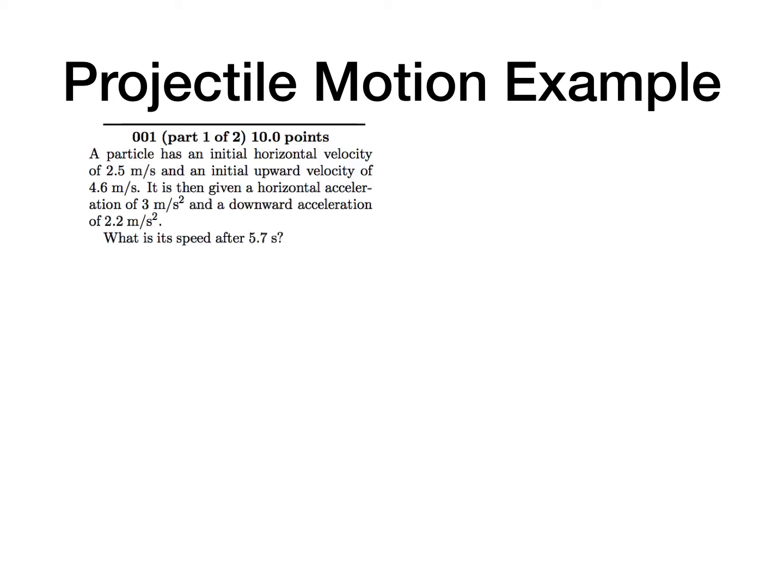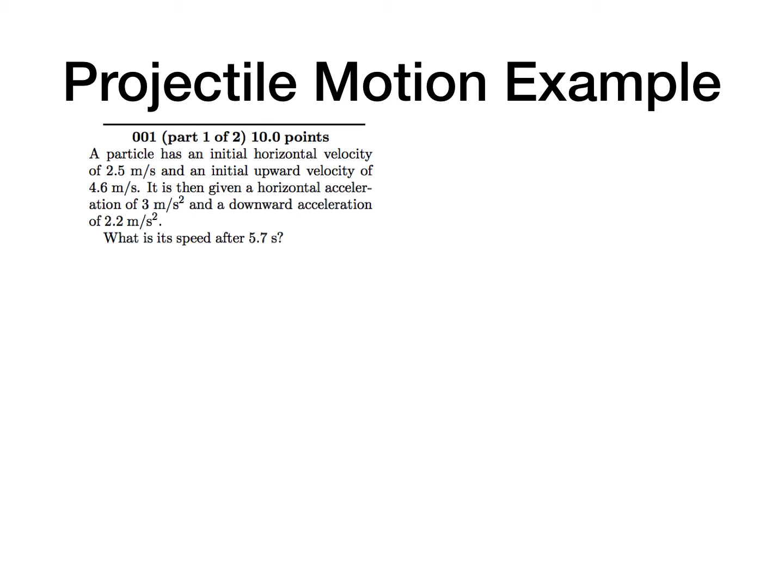As we look at our projectile motion example, we see in this question that a particle has an initial horizontal velocity of 2.5 meters per second and an initial upward velocity of 4.6 meters per second. It is then given a horizontal acceleration of 3 meters per second squared and a downward acceleration of 2.2 meters per second squared.